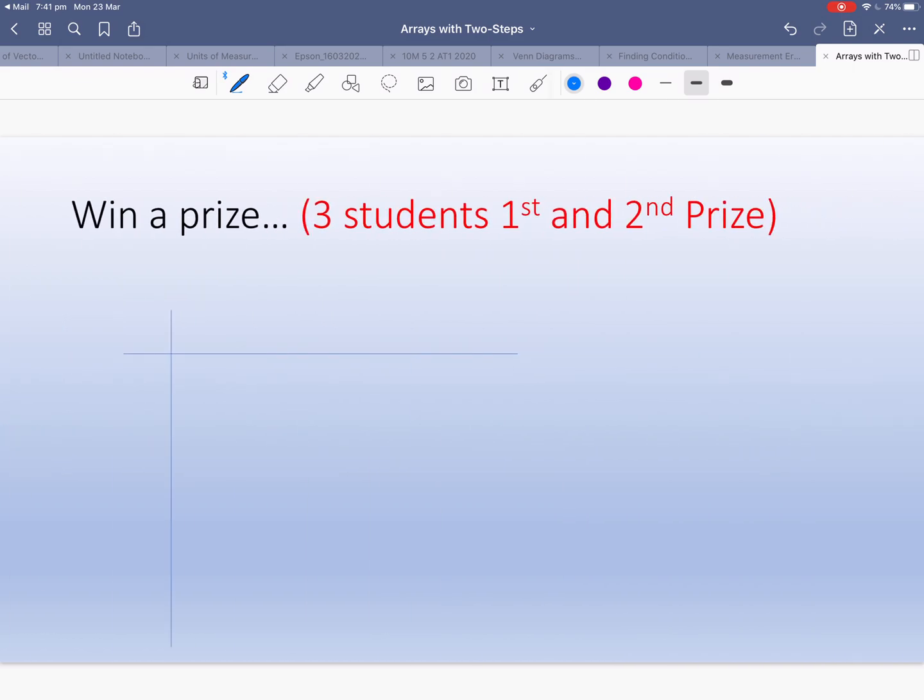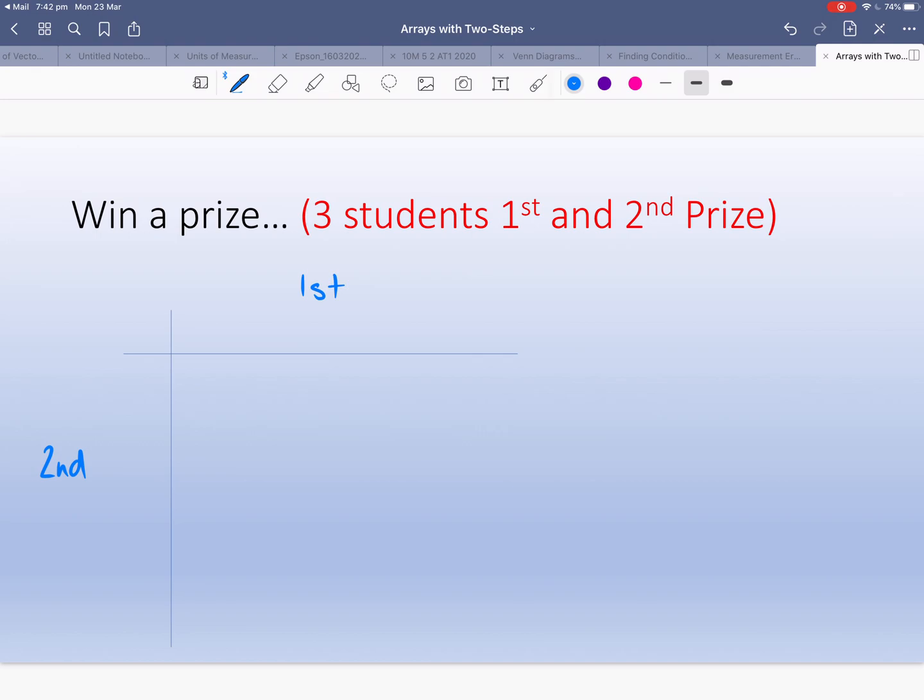Okay, so we've got 3 students and they can win first and second prize. We're going to have a look at how we can set this up with an array. So we can put first prize here and second prize on this side as well.